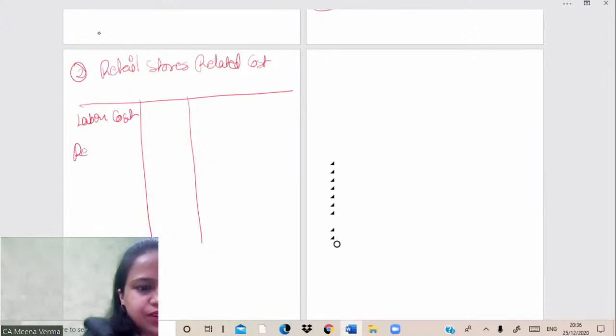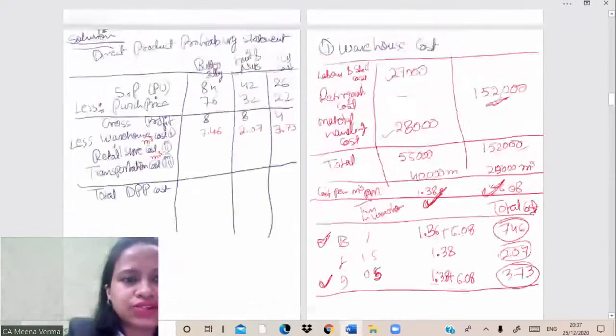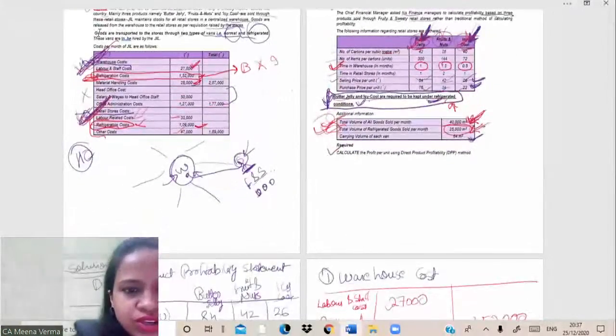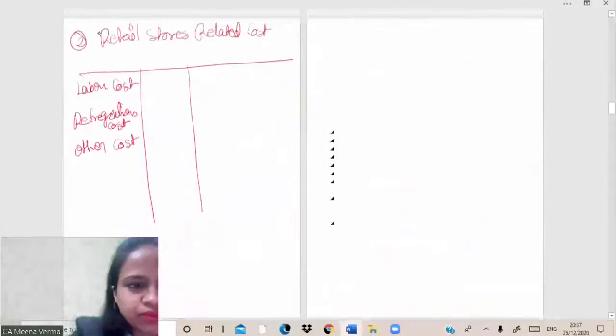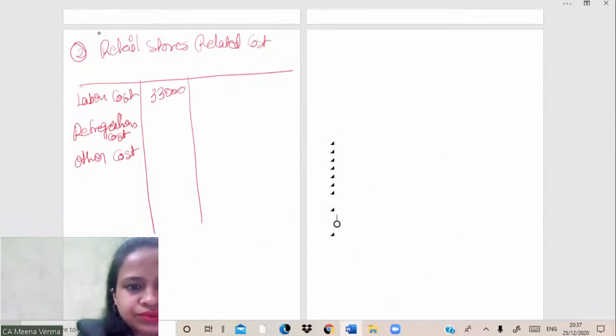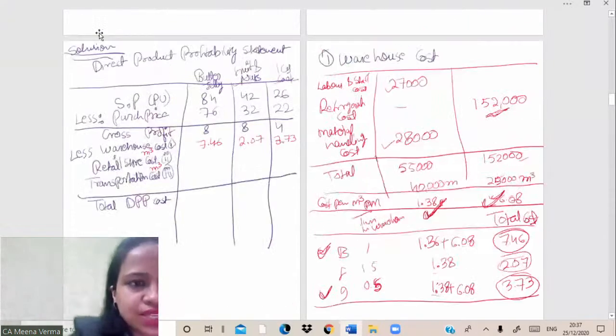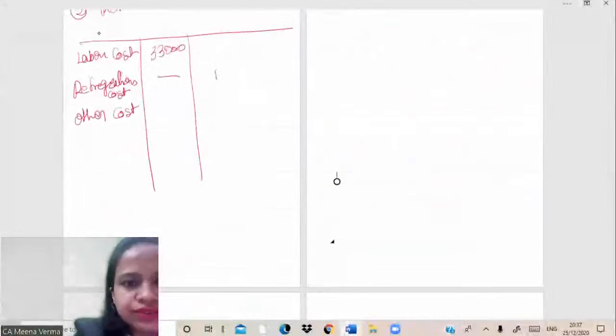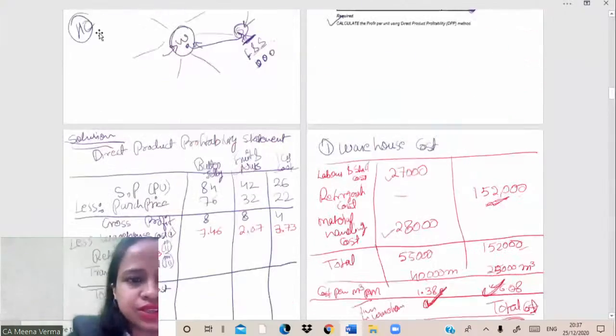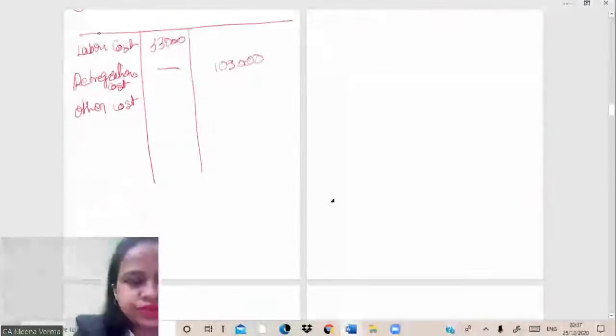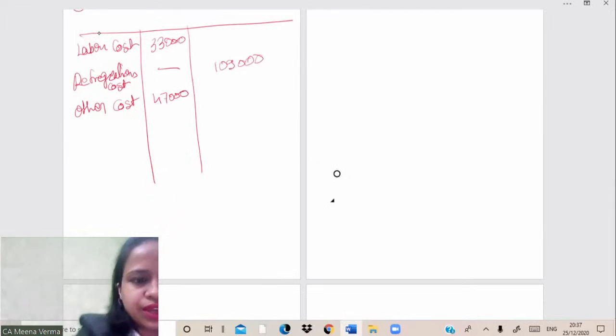We have refrigeration related cost, and what other cost? ठीक है जी. What are these costs? You can see in the question, labor related cost 33,000. We will keep the refrigeration cost separately, which is 1,09,000. And the other cost is 47,000. Calculate the total value.